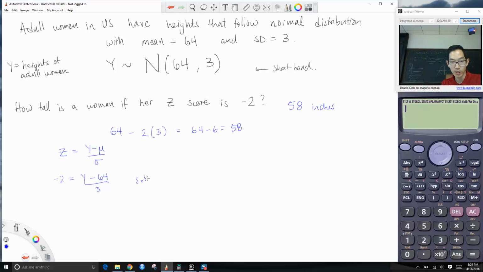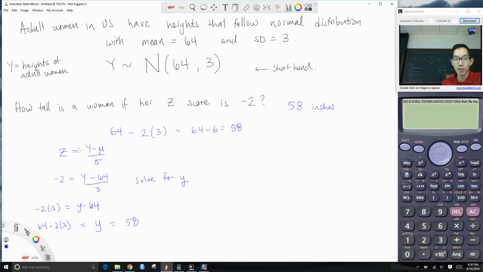You get -2 times 3 is equal to y minus 64, and it turns out the math is exactly the same, right? You add 64 to both sides, and you have 64 minus 2 times 3, which is exactly what we have here, and so you get y is equal to 58. It's just the exact same thing.